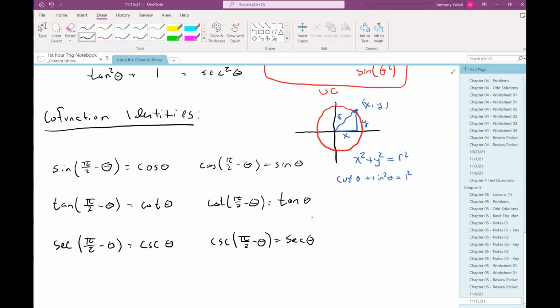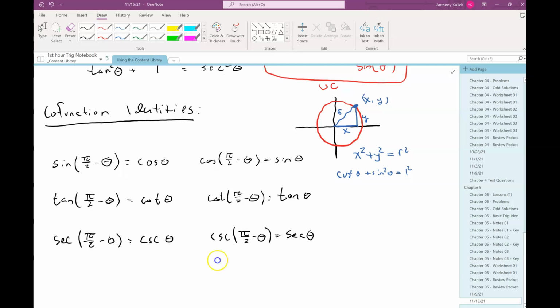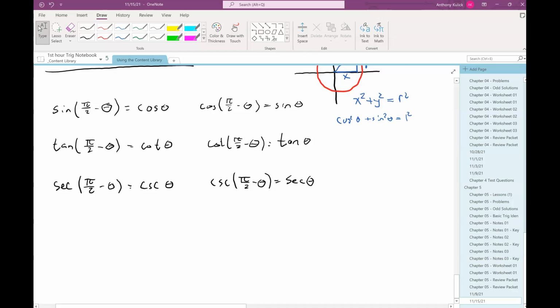So cosine is really the complementary angle version of sine, which is basically what we're just stating here in the identity. So it's easy to remember those complementary pairs because they're naturally paired together with the co prefix. Is that okay? All right, the last set of identities here are these odd-even identities.